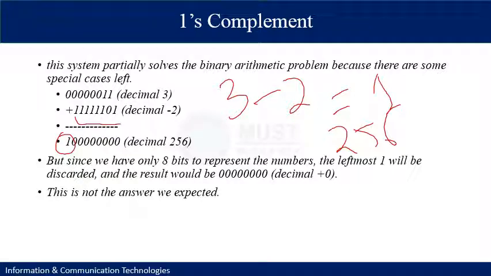This is again problematic, but since we have only 8 bits to represent the number, the last bit will be discarded. That means the number will be equal to 0 in 8 bits. So this is not the answer we expected. Again, this technique is also not suitable.